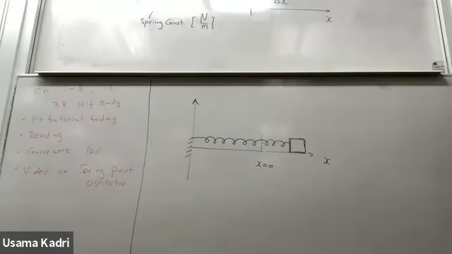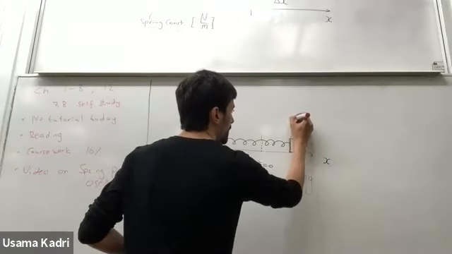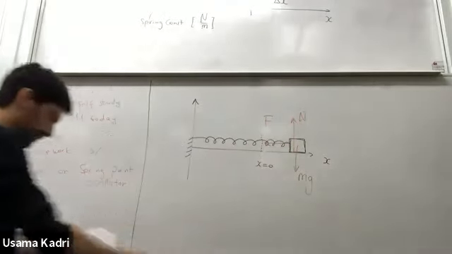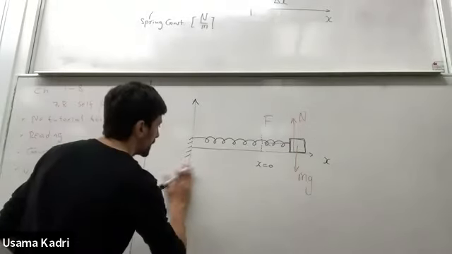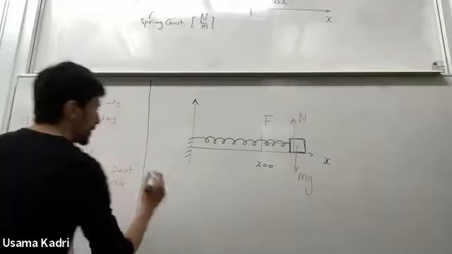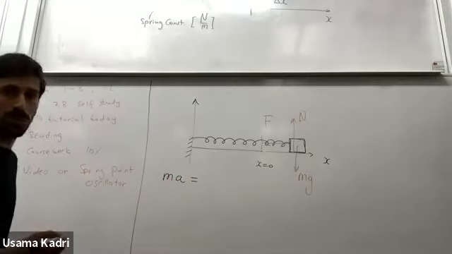We have mg, and we have N, and we have a force F. I'm going to derive this. So we use Newton's second law, F equals ma, so I can write ma equals minus kx.